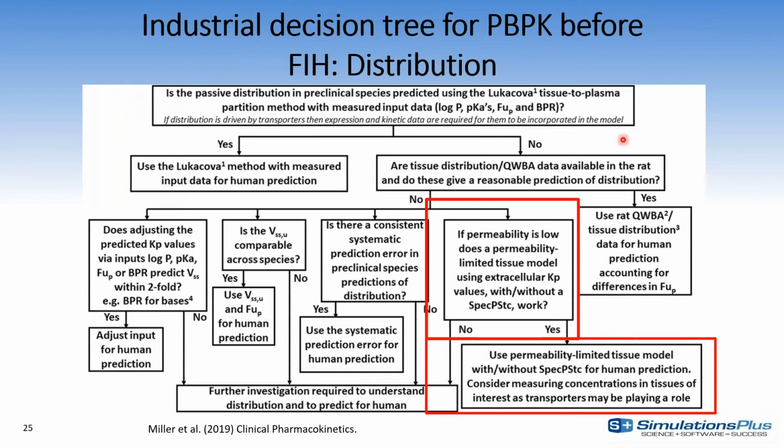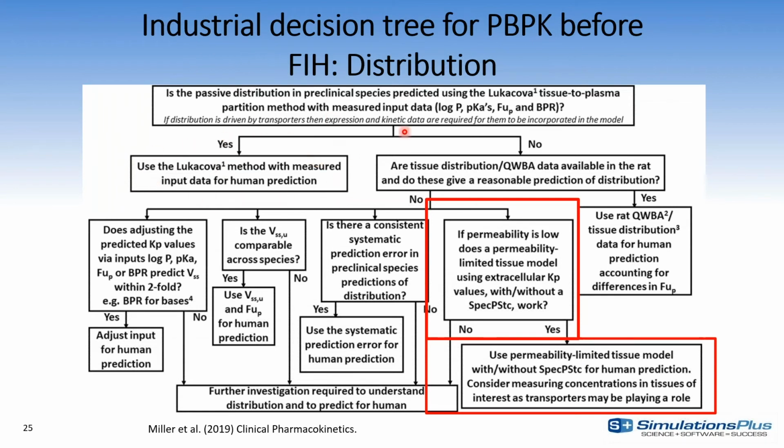The first question they ask is whether our default method, using the measured input data, is able to predict the volume of distribution accurately. If yes, we're just going to use the default methods.